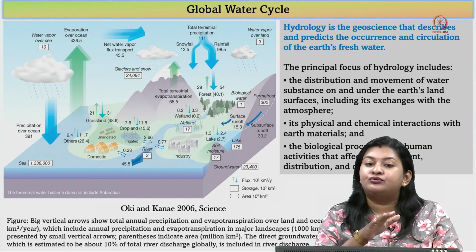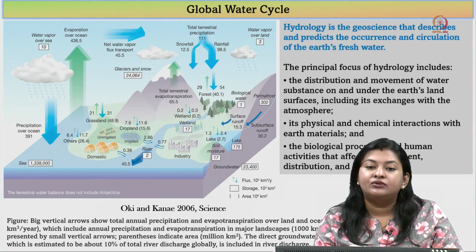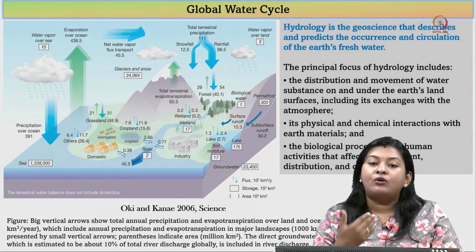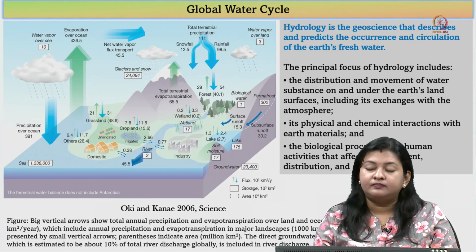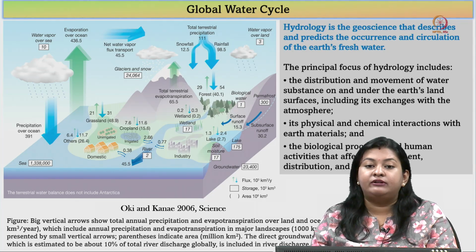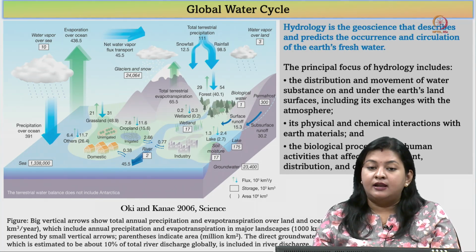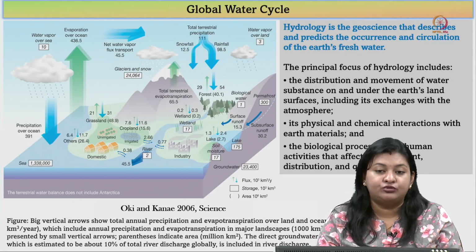Or if a lot of rainfall is happening which is beyond the infiltration capacity of the soil, then it will flow as overland flow and enter the streams. These streams can start joining and form large rivers. These large rivers will finally drain into the ocean.